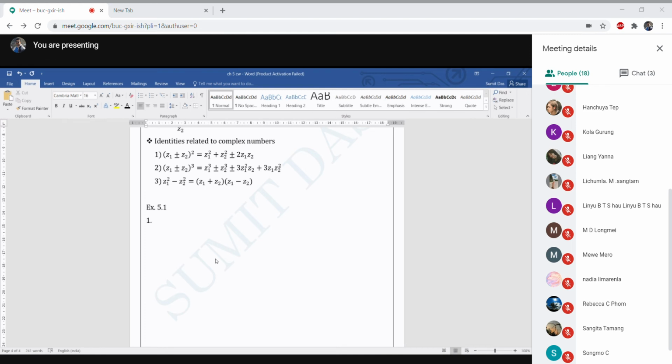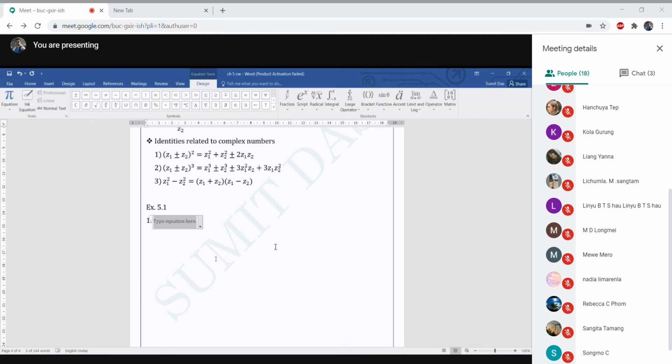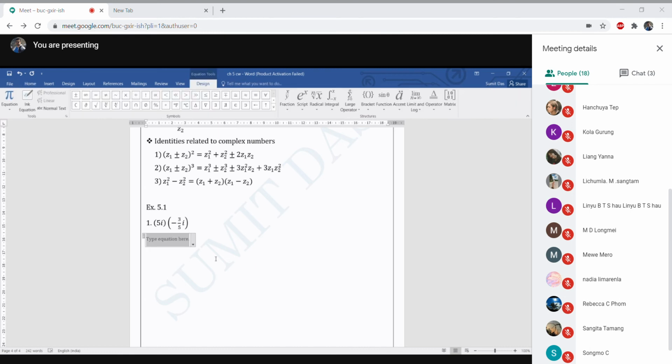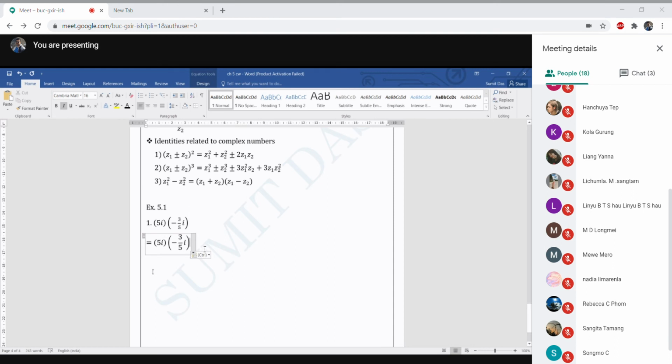So write down the first complex number. The first number is 5i, then minus 3 by 5i. We have to write in a plus ib form, right? So from here you can see this 5 and this 5 will cancel.